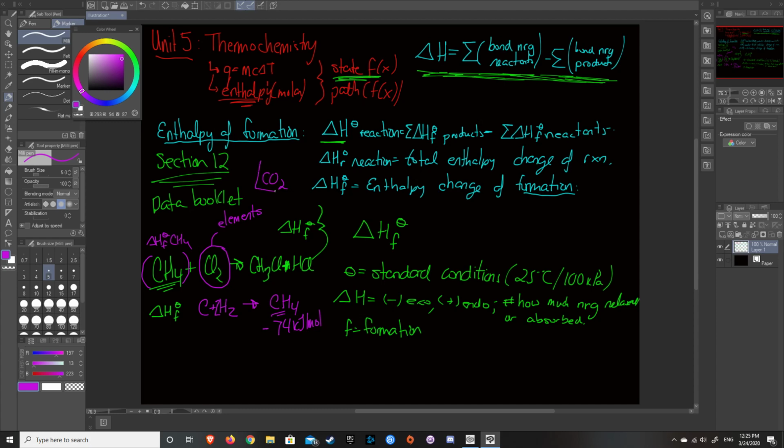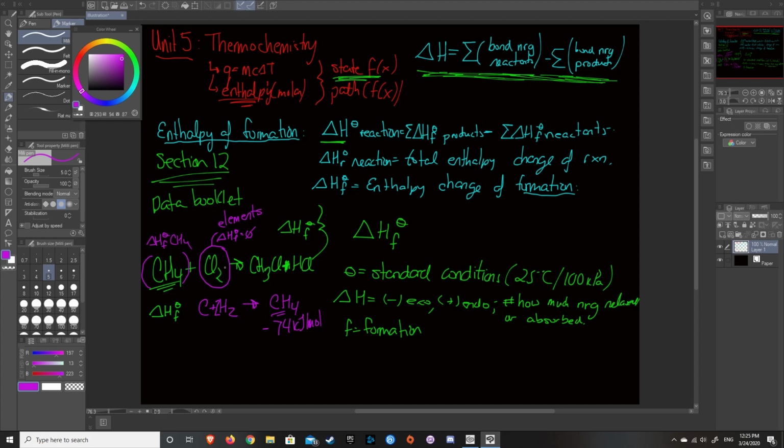If we just got a container of only CO2 with nothing else in it, that's a pure substance. So for elements, the delta H of formation is 0. Because it's an element, we haven't had to react anything to form that, because that is its standard state.